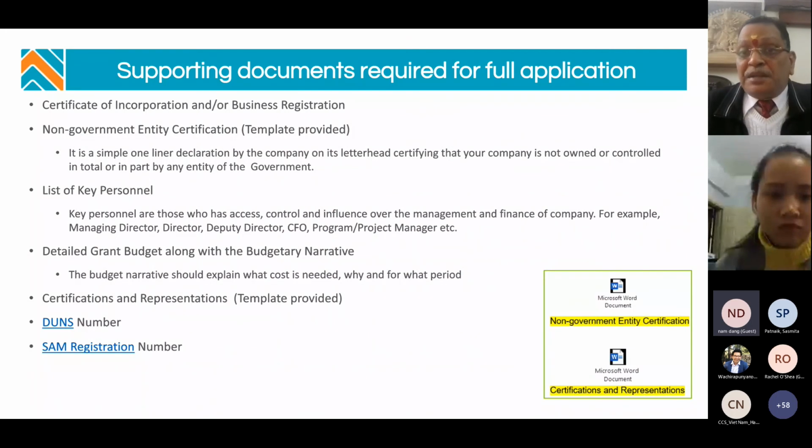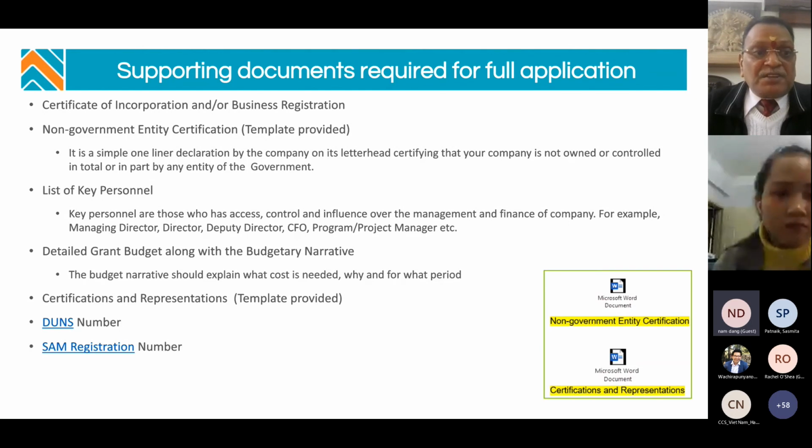For example, it can be a managing director, a program director, a CFO, or a project manager, whatever designation you call, if those people have access, control, and influence over the management and finances of the company. And the detail grant budget along with the budget narrative, which we have just discussed.